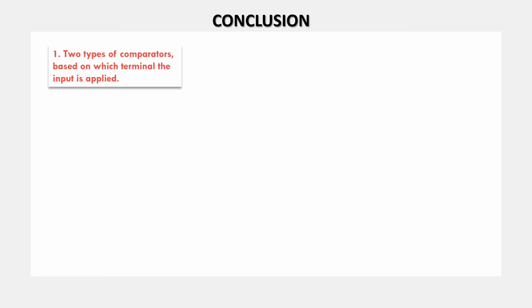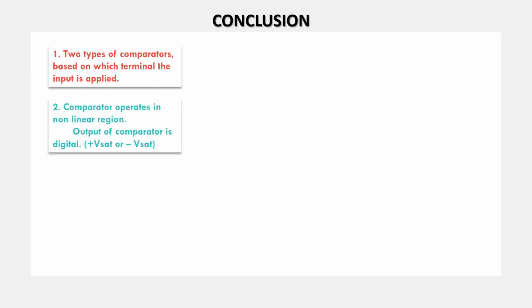So we have seen that there are two types of comparators based on which terminal the input is applied. If the input is applied to the inverting terminal, it is an inverting comparator, and similarly if the input is applied to the non-inverting terminal, it is a non-inverting comparator. Comparators operate in the nonlinear region. The nonlinear region can also be known as the saturation region. In the nonlinear region, the output is either plus VSAT or minus VSAT.